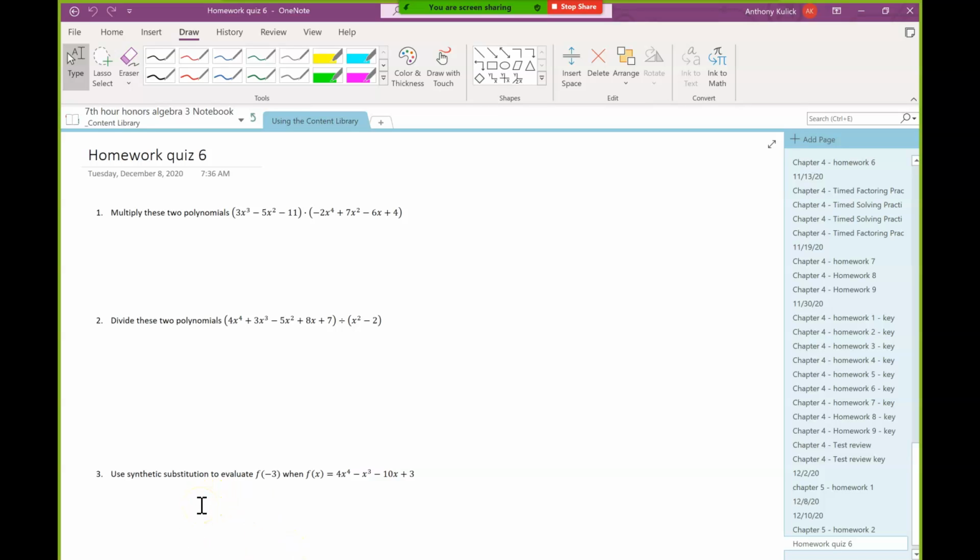So there's an assignment created in PowerSchool called Homework Quiz 6. You'll just submit your answers to that. If you do your work in OneNote, please convert it to a PDF and upload that file into the Dropbox. If you did it on paper, you can just take your picture and upload your picture file into the Dropbox.